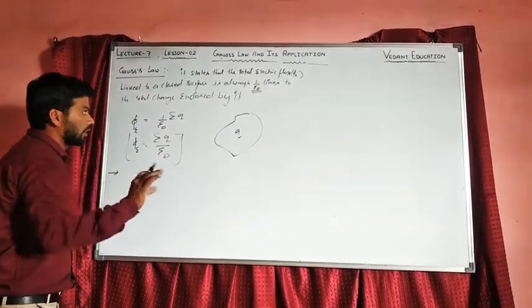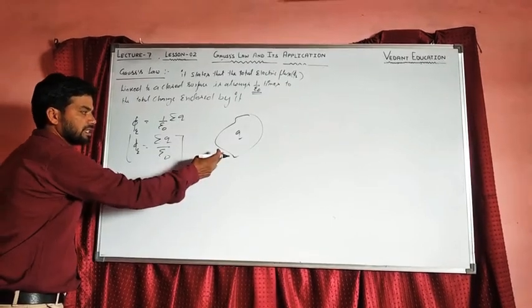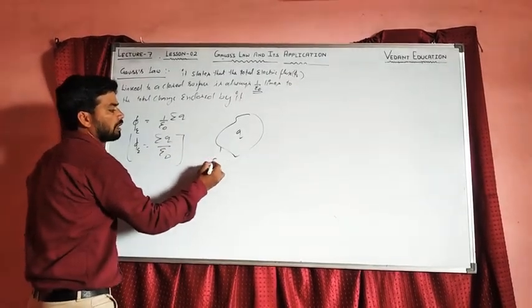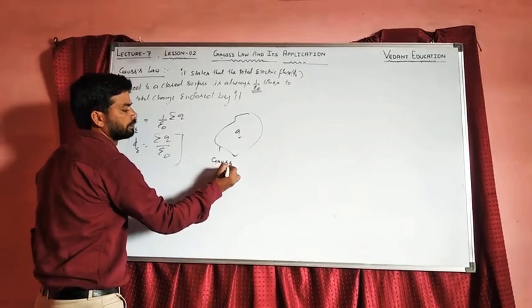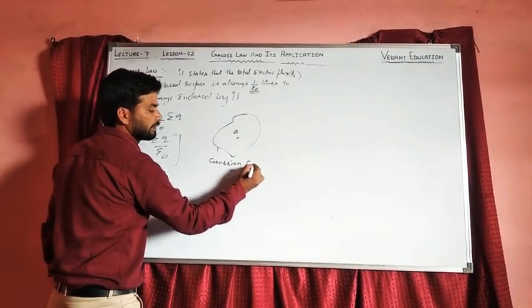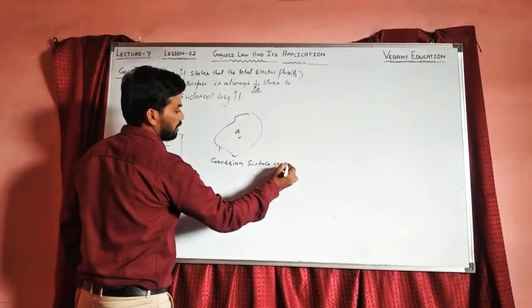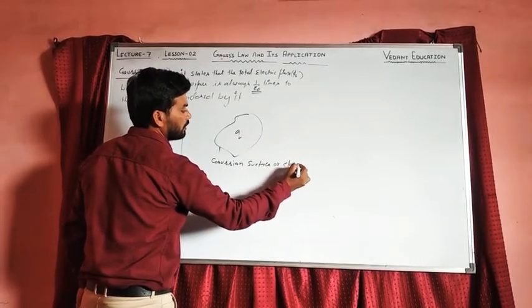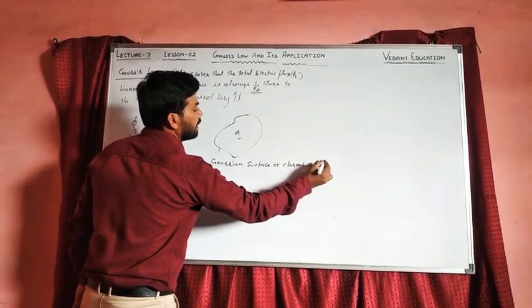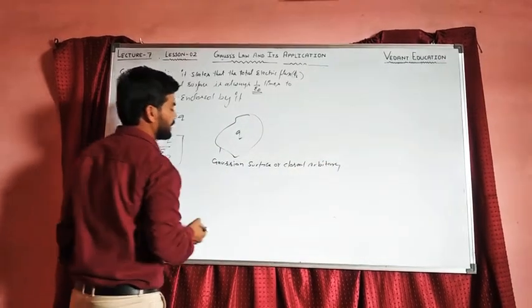The closed surface is known as the Gaussian surface or closed arbitrary surface.